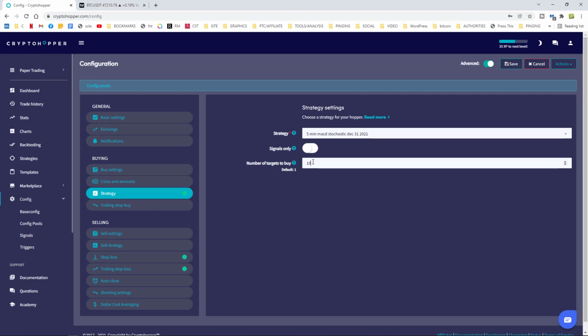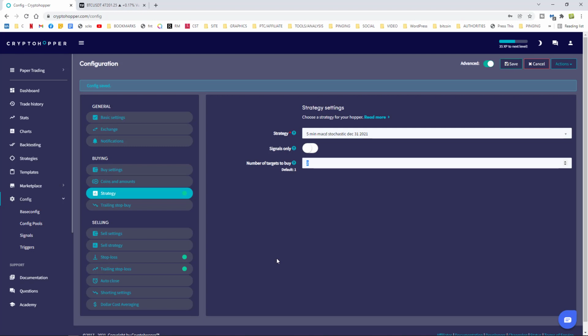Now, if you set it up to say 2, and you've got no open positions, and then suddenly 10 positions are available to buy, well, you can only have 5. If you set this to 2, it will only buy 2, and it will choose the best 2 of those 10 signals. Do you get me?